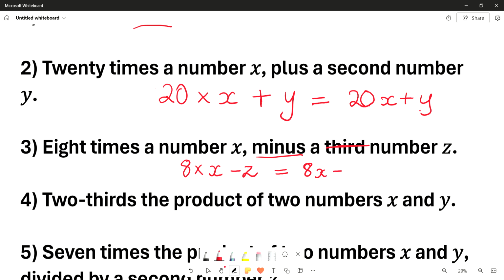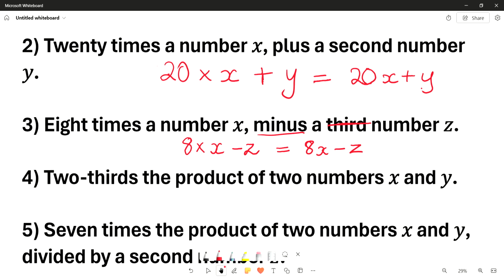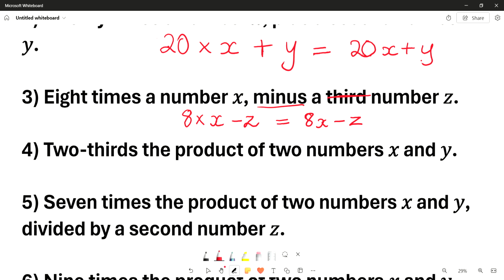take away z. All right, number 4, 2/3 the product of two numbers x and y. Well, the product, first of all, tells us to multiply. So the product of two numbers x and y would be x times y.